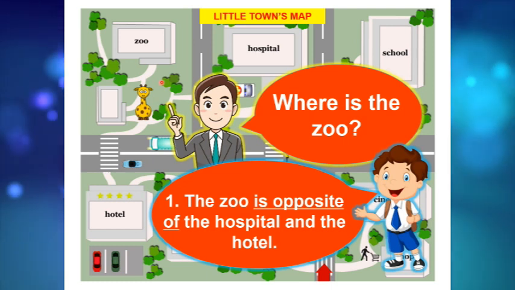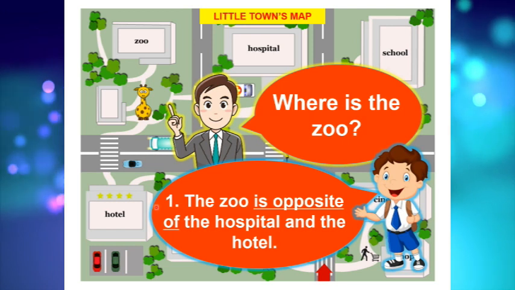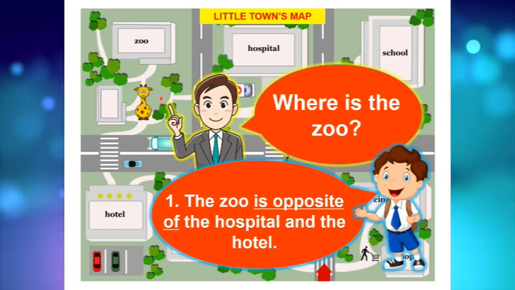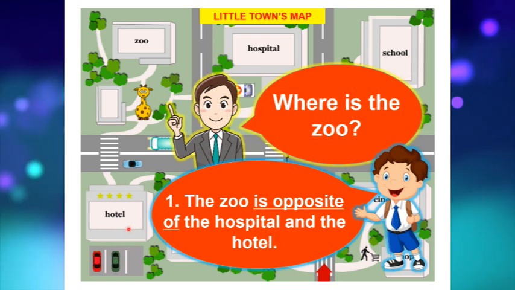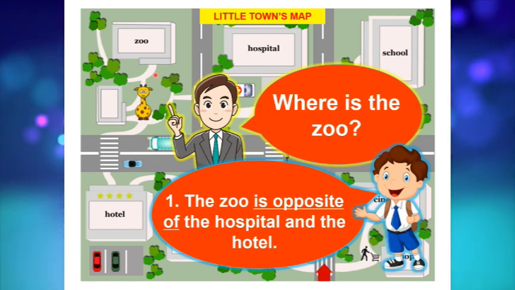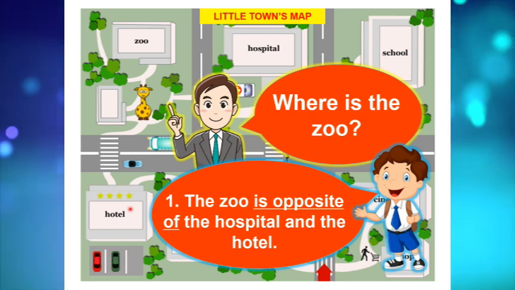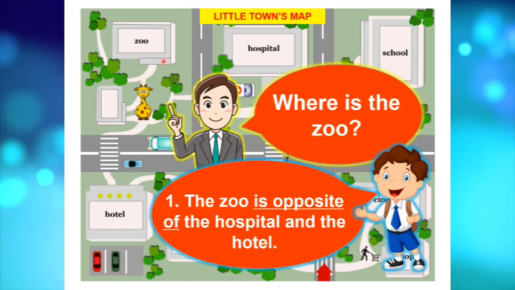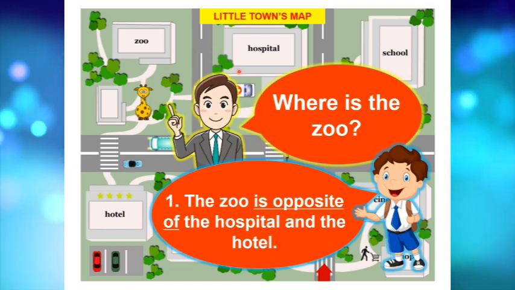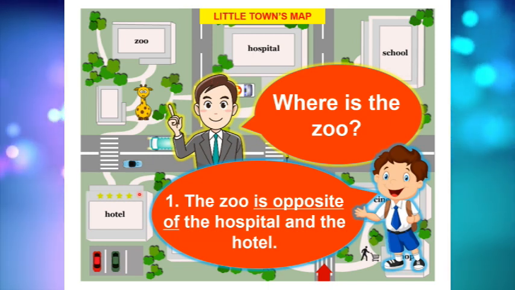You will start giving directions from where you are looking at. You're looking in this direction, so this is your right and this is down. So you start giving directions from left to right and down. So the zoo is opposite of the hospital and the hotel.